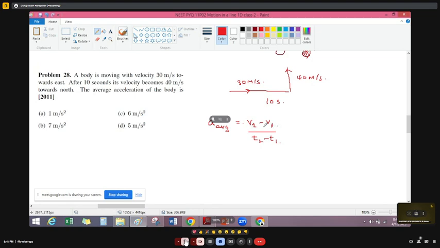If we put X2 minus X1, we get average velocity. Okay, so what will be the answer? 40 minus 30 is 10, divided by 10 seconds, so that means it is 1. Correct? Is this correct? Are you getting it?